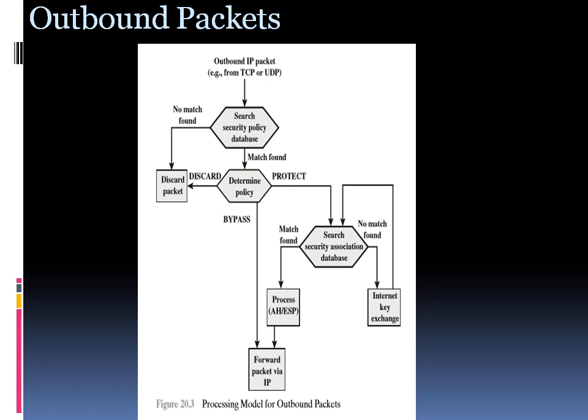If no entry is found, then IKE is invoked to create an SA with the appropriate keys and an entry is made in the SAD. Now this matching entry in the SAD determines the processing for this packet. After that, either encryption, authentication or both can be performed and either transport or tunnel mode can be used. Then the packet is forwarded to the network for transmission.